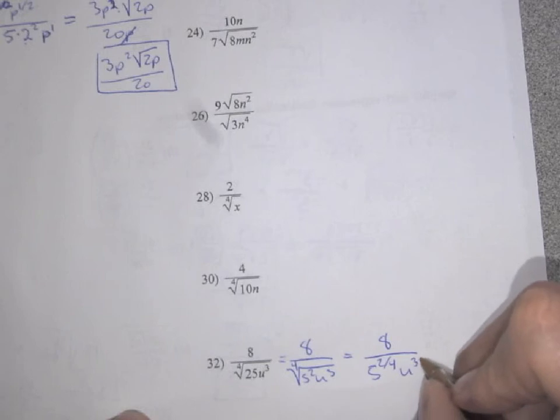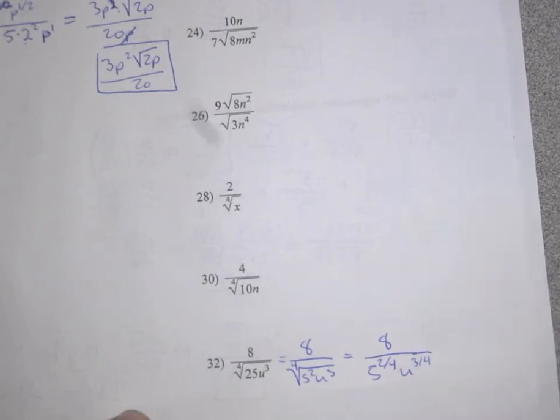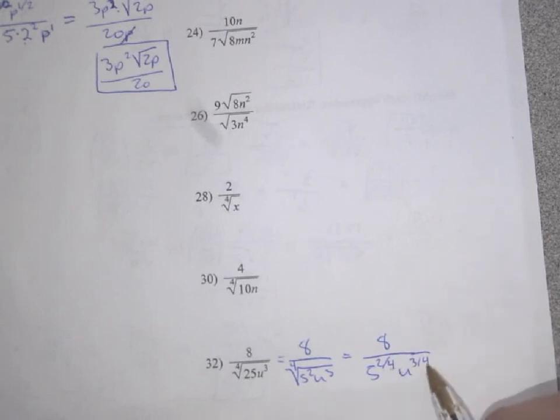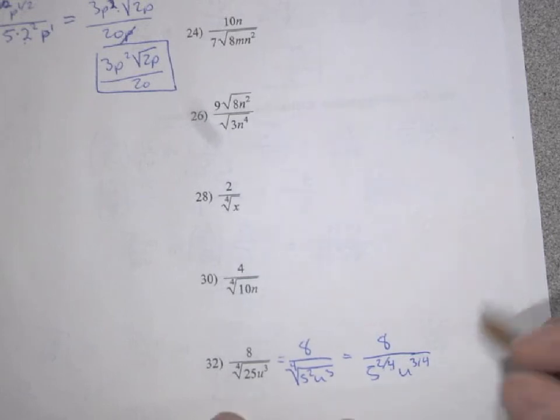u to the 3/4. Right, now we could simplify this right now if we wanted to make it 1/2, but we're not going to do that just yet because we want to multiply. We want to multiply by things that have the same denominator, so that our index is the same.